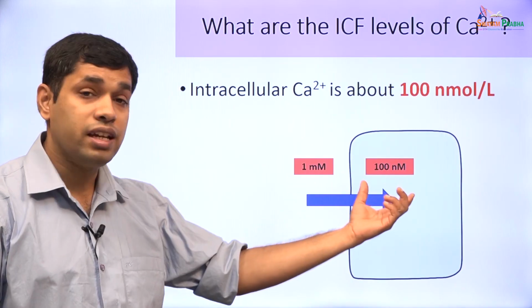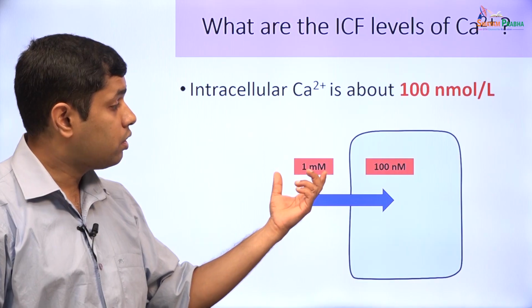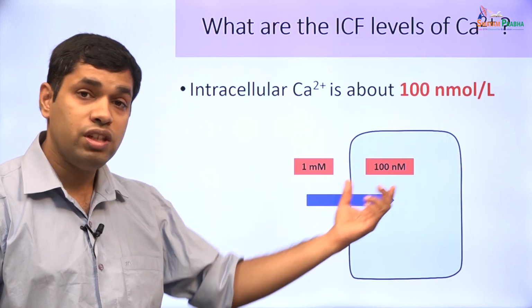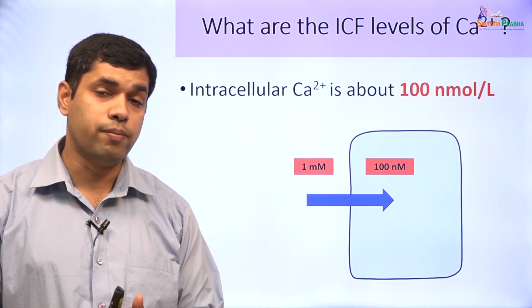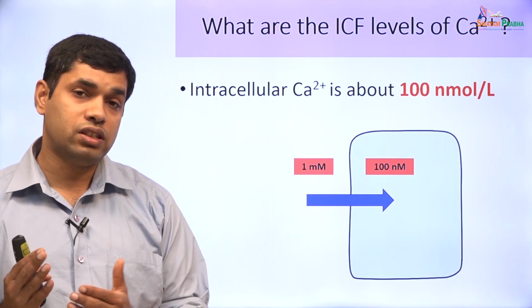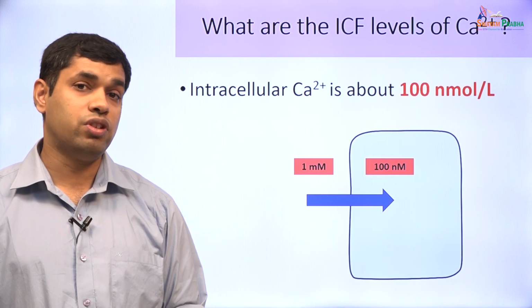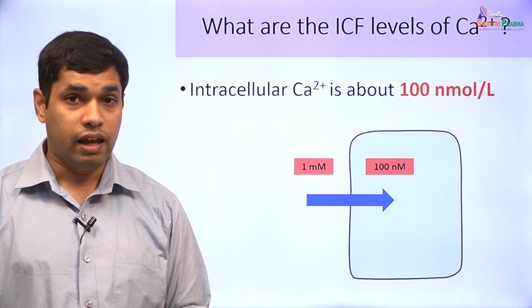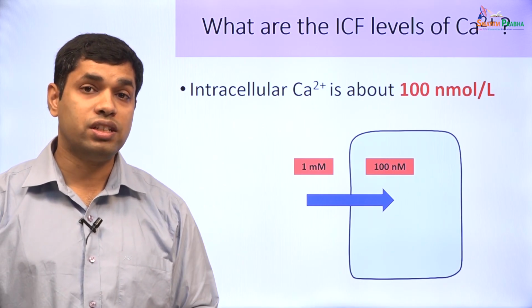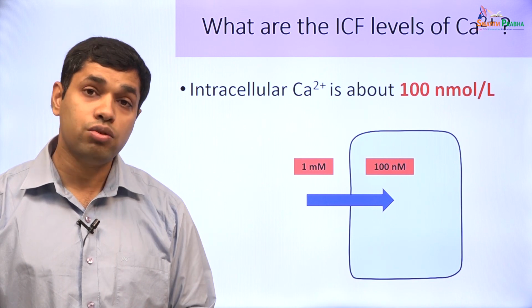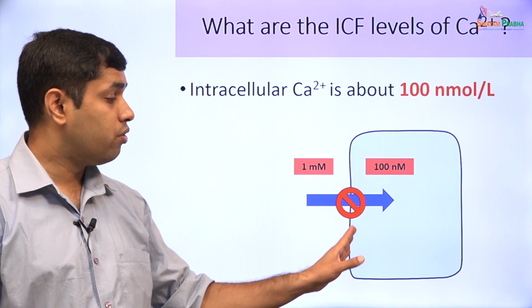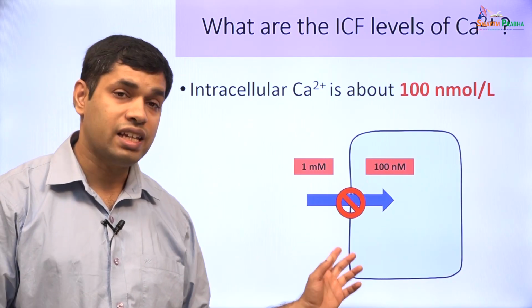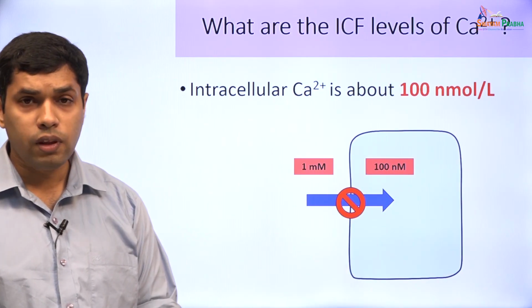It's a 10,000 times difference of calcium from the outside to the inside. With such a large concentration gradient for calcium, one could ask whether this gradient contributes to the resting membrane potential. In the discussions on the resting membrane potential, you will realize that usually in a neuron this is not the case, because there is no resting permeability for the cell to calcium.